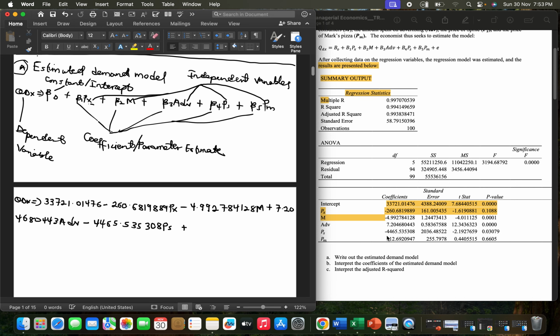Plus the next coefficient here is 112.6920947. Which variable? Pn. So this is the A part of the question, the estimated demand equation or estimated demand model. This is it.